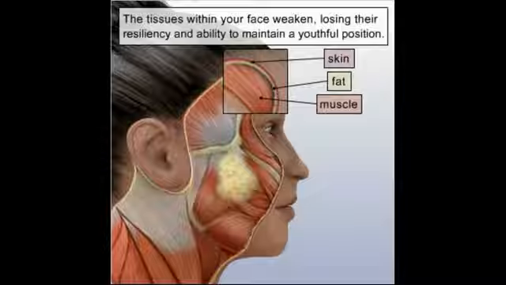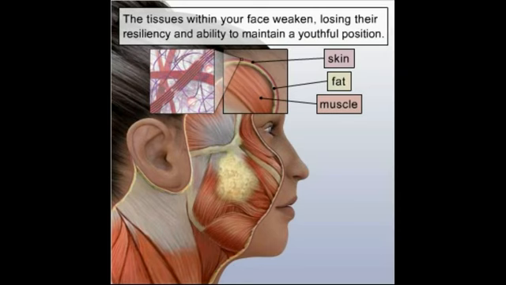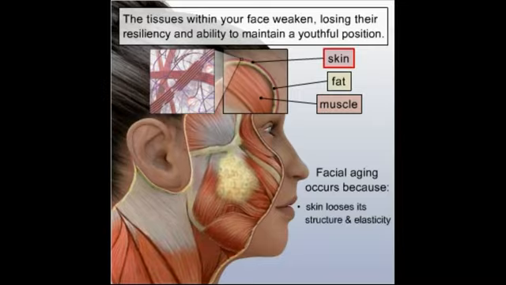Facial aging occurs for many reasons. In response to sun damage and other factors, your skin's support network of collagen and elastin breaks down. As a result, your skin loses some of its structure and elasticity and becomes lax.